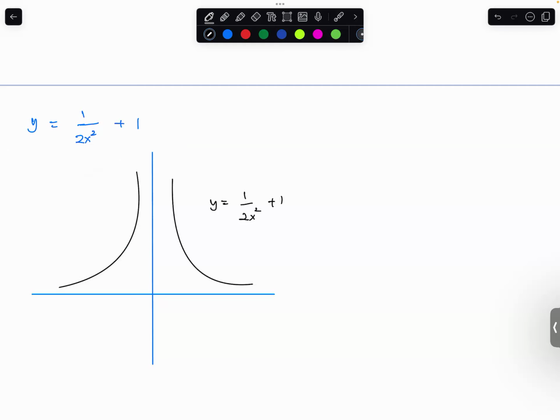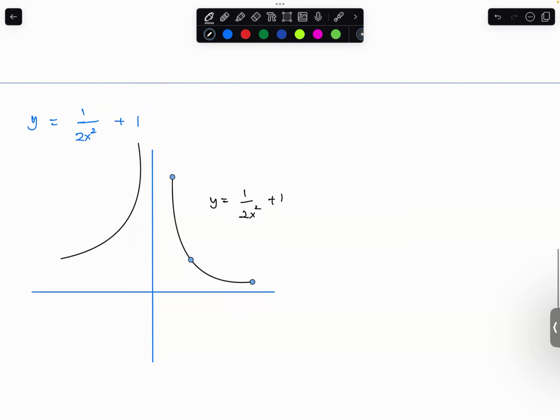So let's move this above, let's say 1 unit.